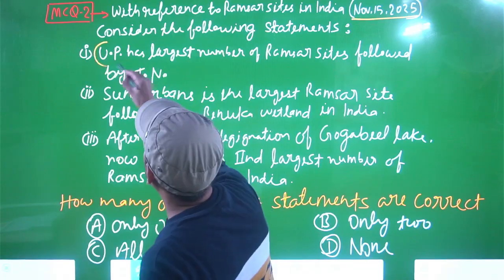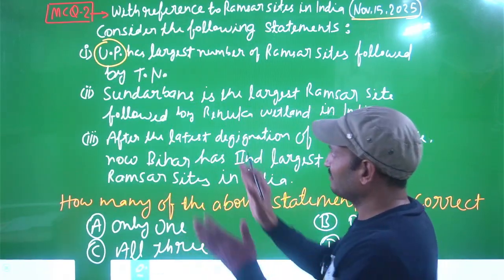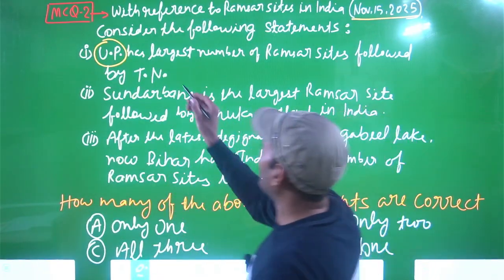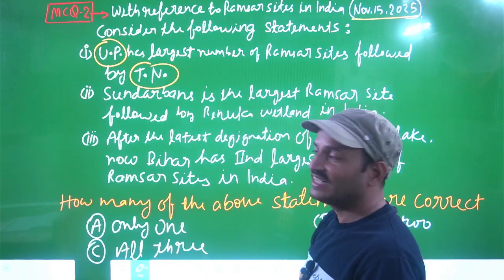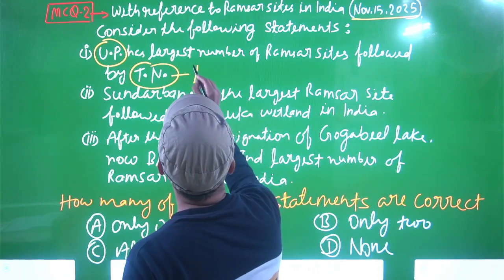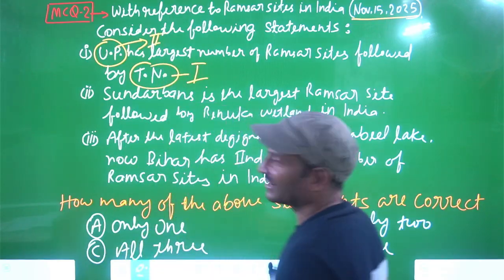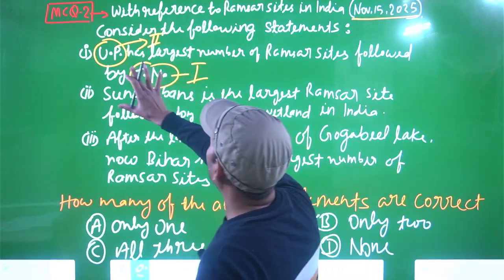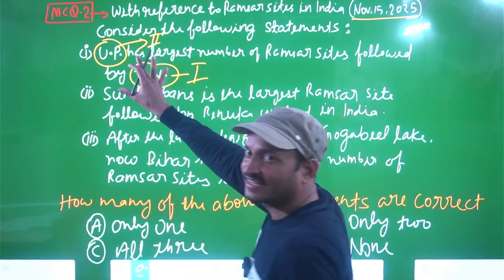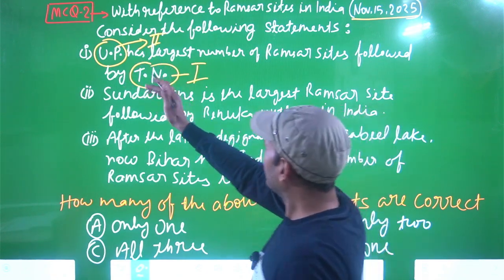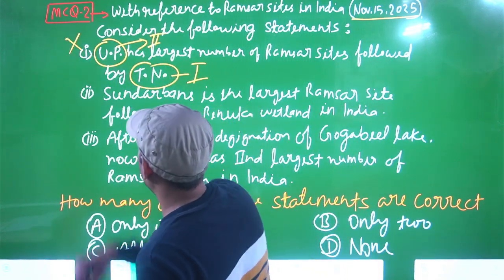Of course, Uttar Pradesh has the second largest number of Ramsar sites. The largest number of Ramsar sites are there in Tamil Nadu, meaning Tamil Nadu is first and Uttar Pradesh is second. So the states have been reversed here in this statement. So it means this statement is wrong.